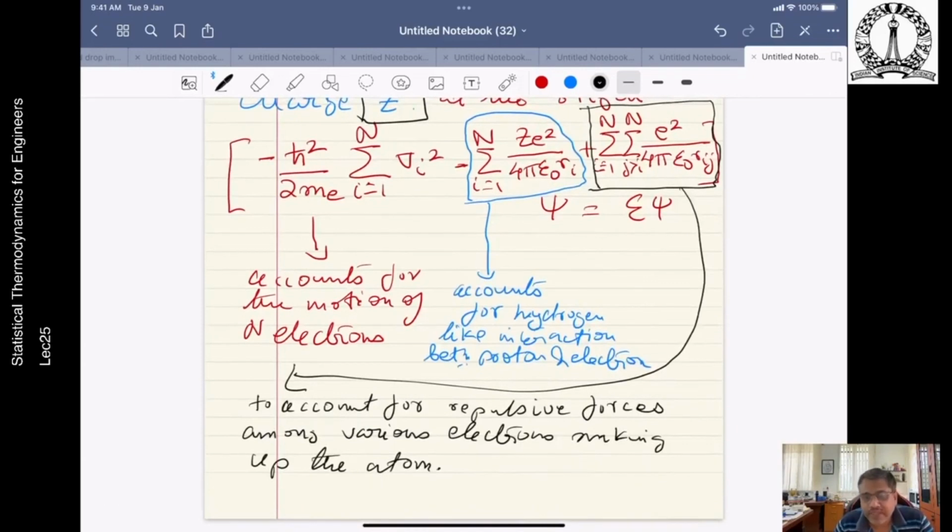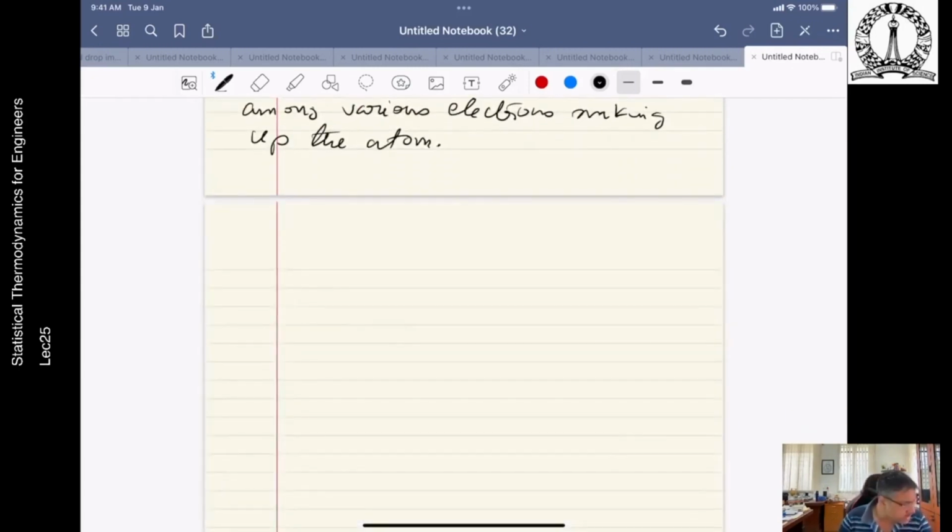First one accounts for the motion, second one accounts for the proton-electron interactions, and the third accounts for the repulsive forces. This entire thing is multiplied by the wave function. So this is the Schrodinger steady state wave equation to begin with.